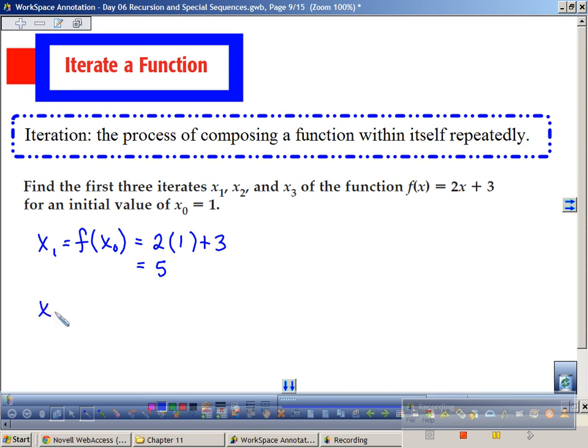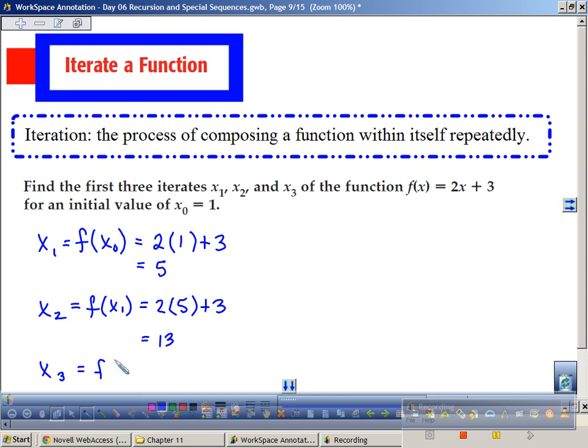So what do you think I'm going to do to find x sub 2? Plug in what? Plug in x sub 1, which is 5. 2 times 5 plus 3 equals 13. Not bad, right? How do you think I'm going to find x sub 3?